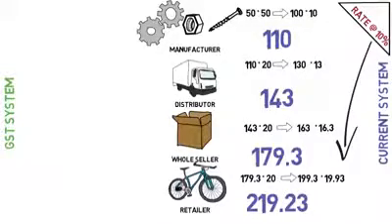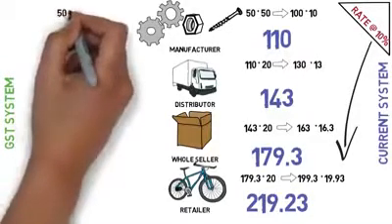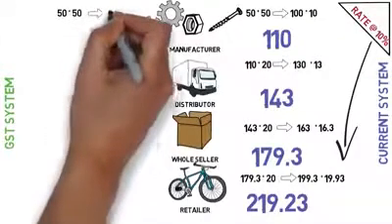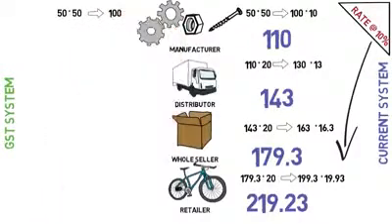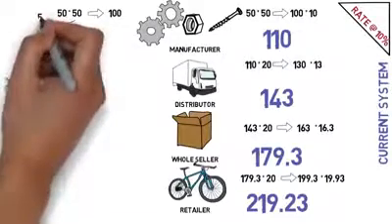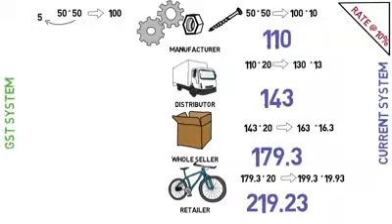Now we will take the same example in the GST system. Raw material of 50 rupees and the manufacturing value of 50 rupees make the product 100 rupees. But this time the manufacturer has to pay tax on the value added by him, which is 50 rupees. So he pays 10% of 50, which is 5, as tax from his profit.